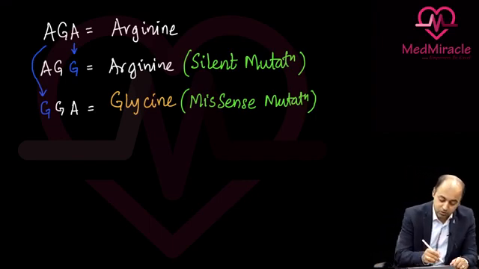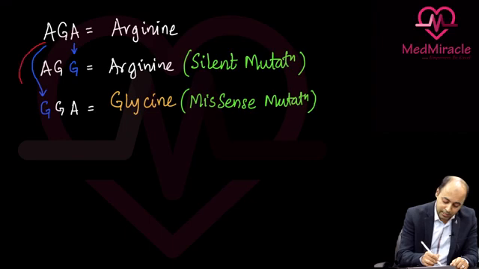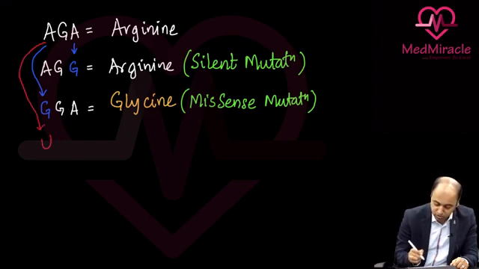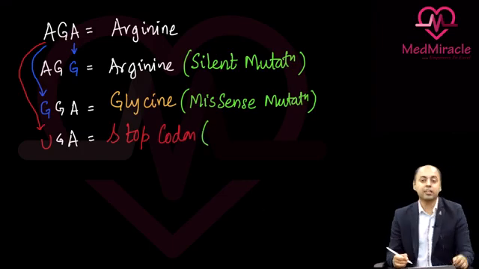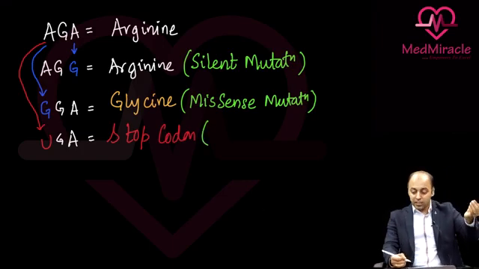Now, sometimes there can be catastrophic results due to a small change. Again, we have replaced one nucleotide, resulting in formation of a stop codon. When you get a stop codon, it does not make any sense, meaning it does not get translated.